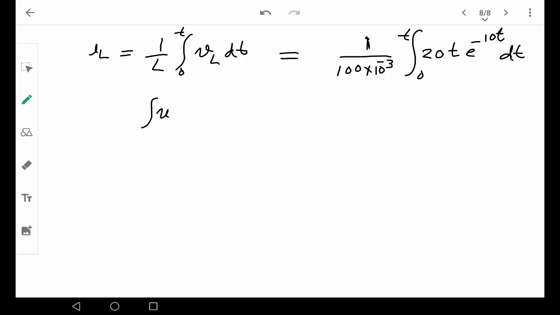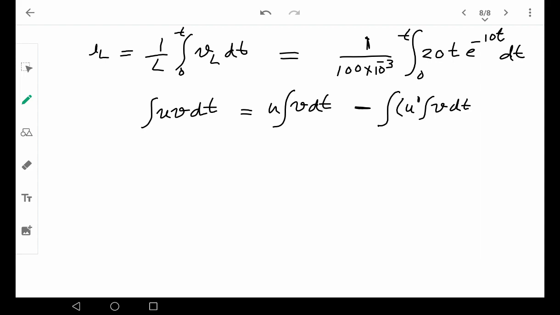You can write it as u into integral v dt, minus integral of the differential of u, u dash, then integral v dt, close the bracket here, then dt.